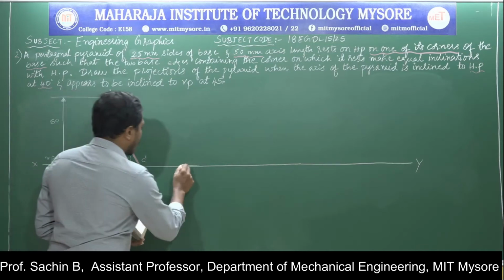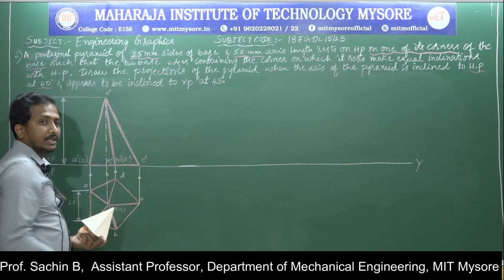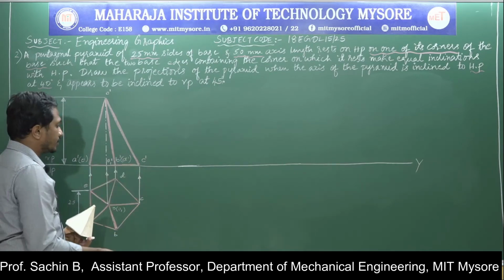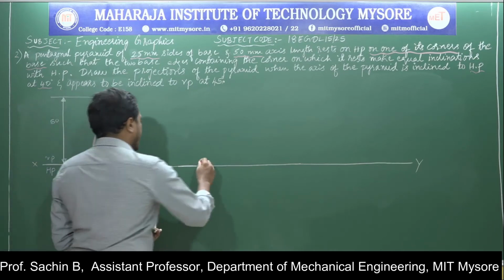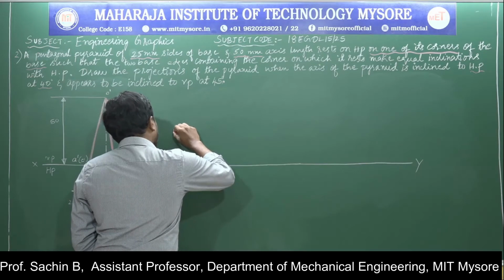For that, I measure the angle of the base, from A dash to C dash. For A dash to C dash, I will draw an inclined line at an angle of 50 degrees with reference to HP.